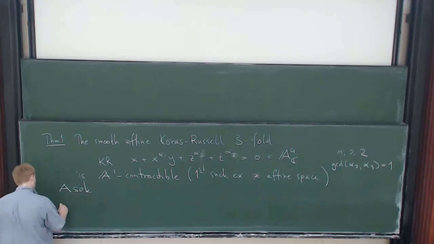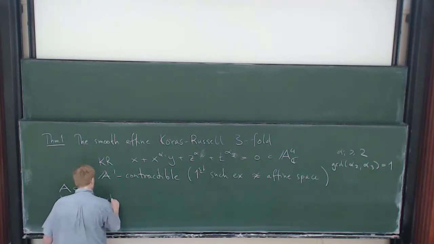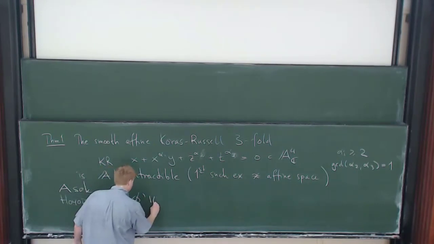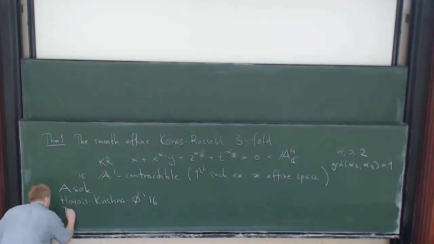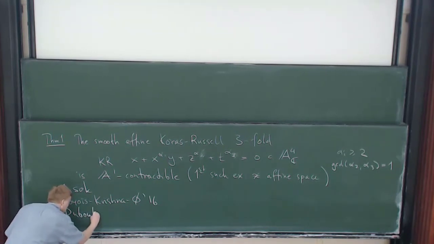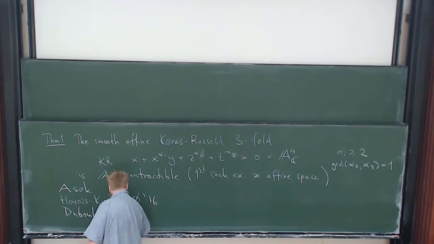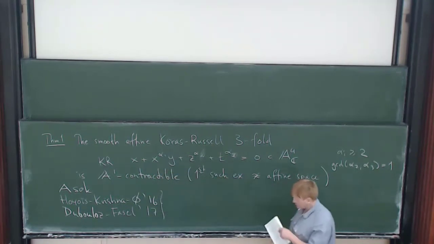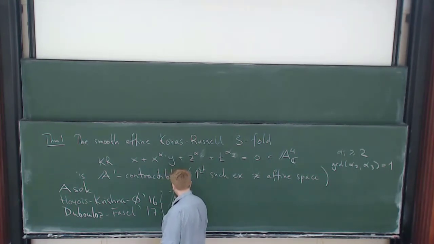Then there's a paper by Marc Hoyois, Amalendra Krishna, and me from last year, who almost proved this result, but not quite, and then a paper by Dubouloz and Fasel, which will be published, I think, this year. Both of these papers have or will appear in Algebraic Geometry.